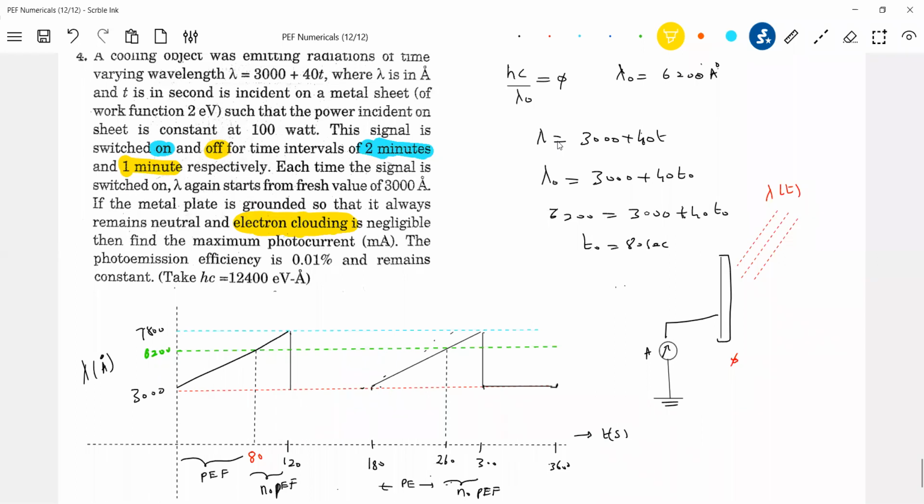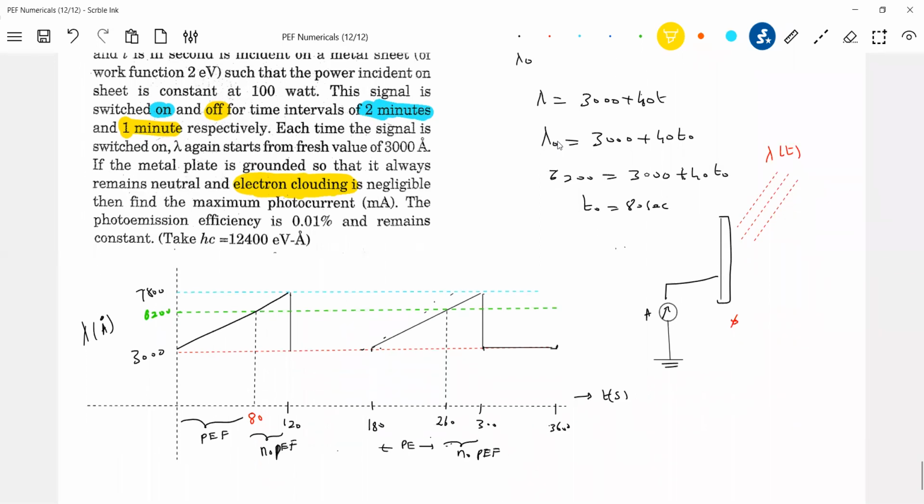So how to calculate the number of photons received here? When the number of photons incident is maximum. We'll go back to the basic definitions. Number of photons emitted by the source: power of source divided by hc by lambda, which is the energy of a photon.